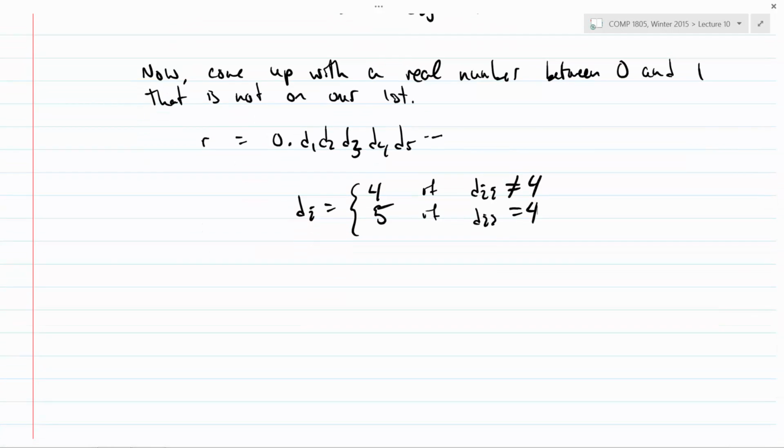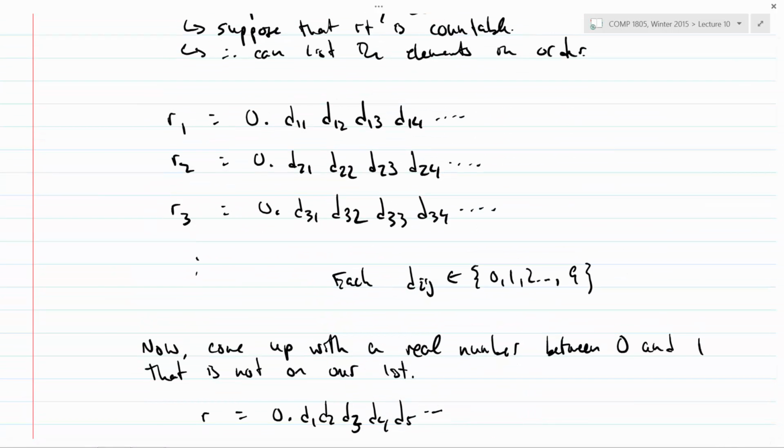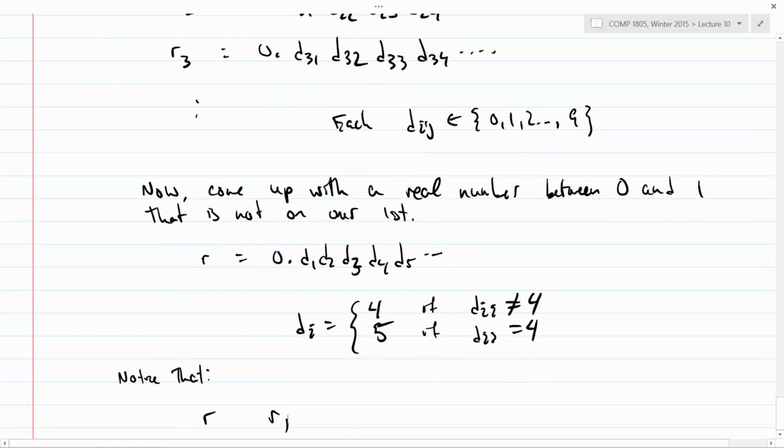All right, so let's think about what happens. What do I know about R and R1? What's the first digit of R1? D11. And what's D1? Could it be the same?